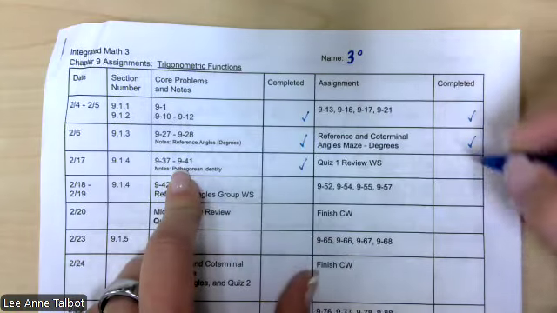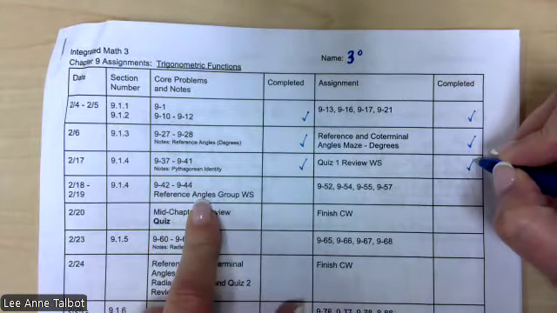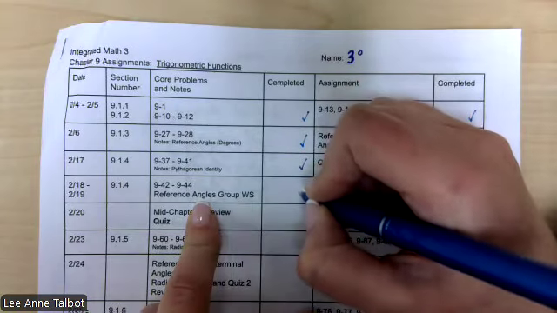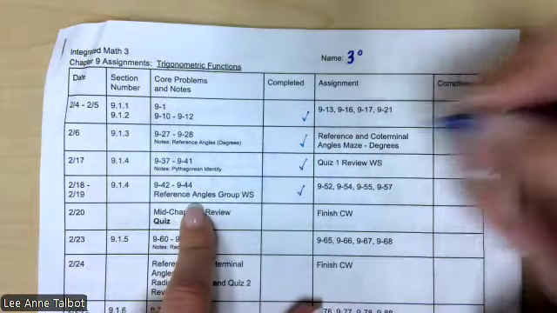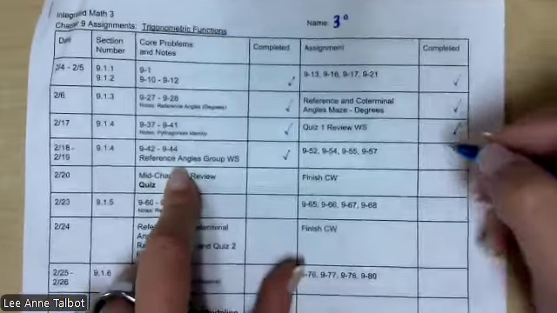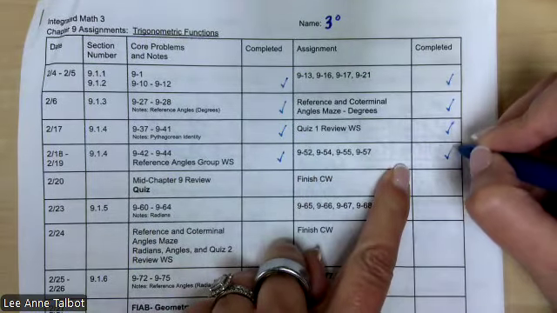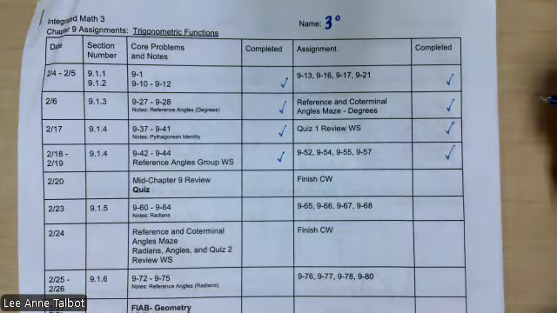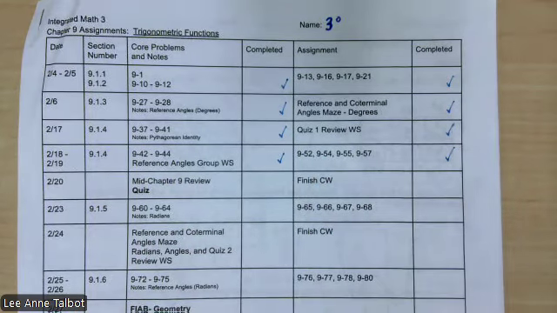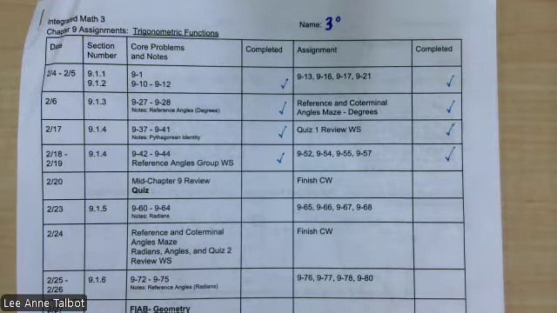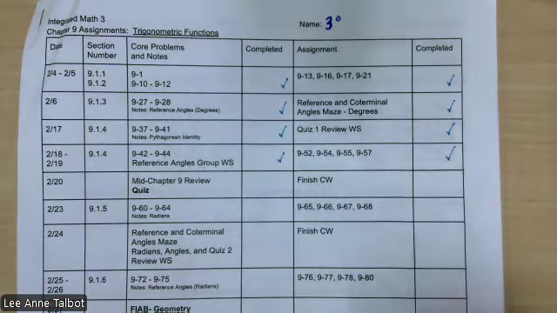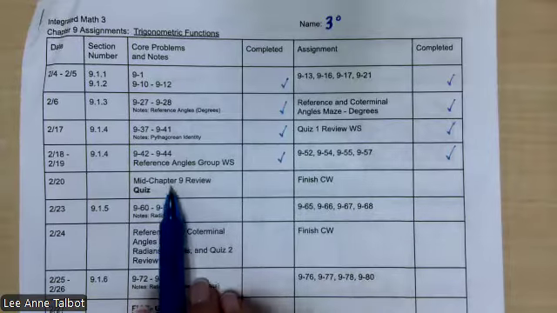This is yesterday's notes. Quiz review, 42 to 44, and your worksheet that you just did. If it's completed, great. If it's not, no big deal. And then the homework, selected problems from 52 to 57. What's the CW? Classwork. This just means finish this worksheet.